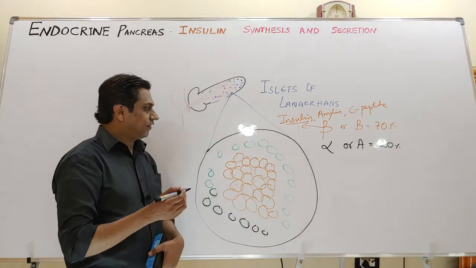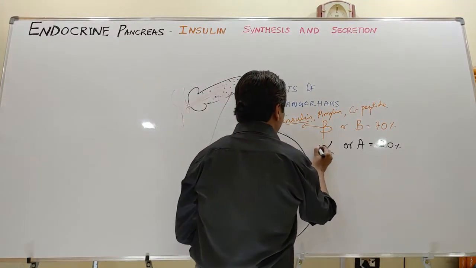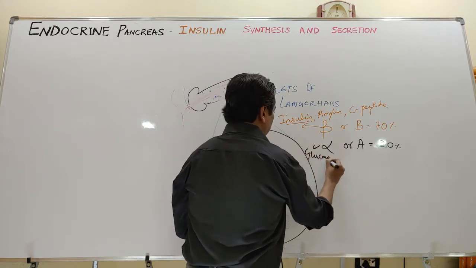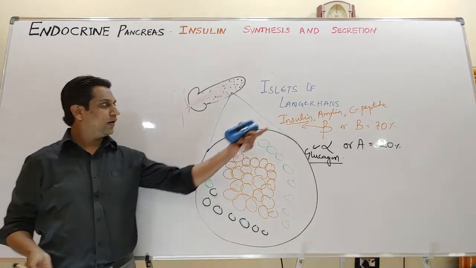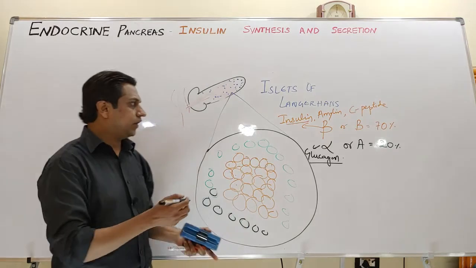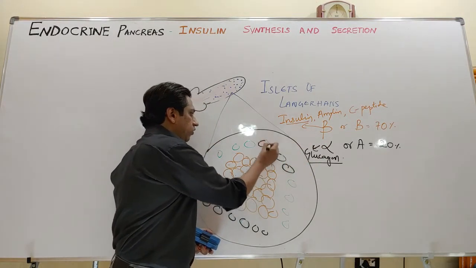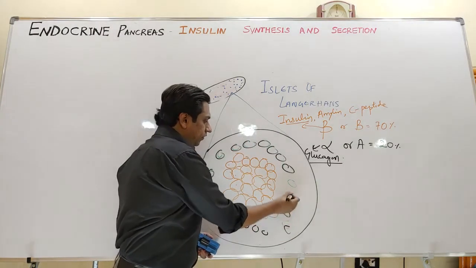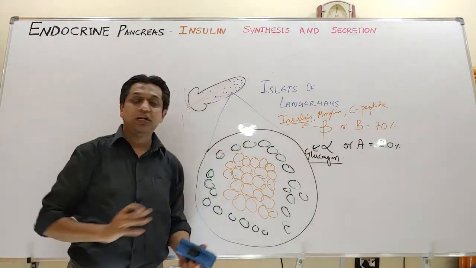These alpha cells secrete an important hormone known as glucagon. The main function of glucagon is to increase the blood sugar level, whereas insulin decreases the blood sugar level. We will discuss in detail how exactly they function. Right now, just concentrate on the cells. At the periphery, around 20% are alpha cells, and at the center around 70% are beta cells.